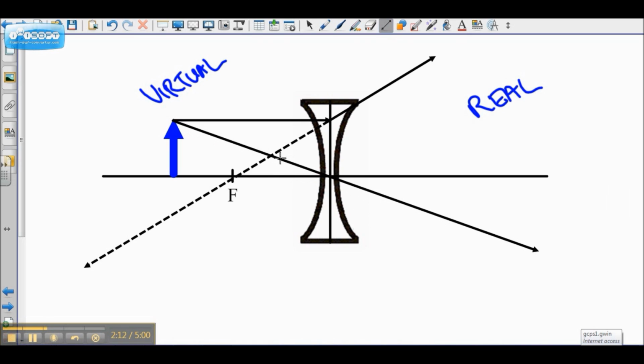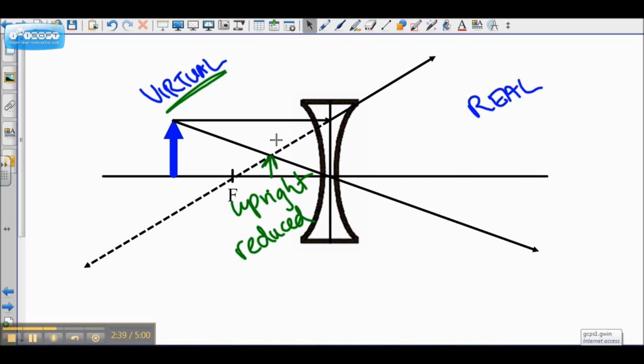And you see, we have a crossing point. This is where our image is located. We draw it from the principal axis up to the point of crossing. So this image and all images by this lens are virtual, upright, pointing up, and reduced or smaller.